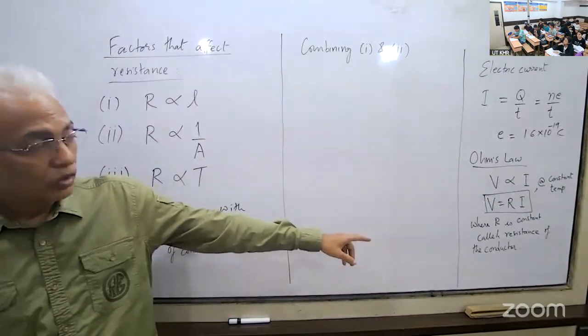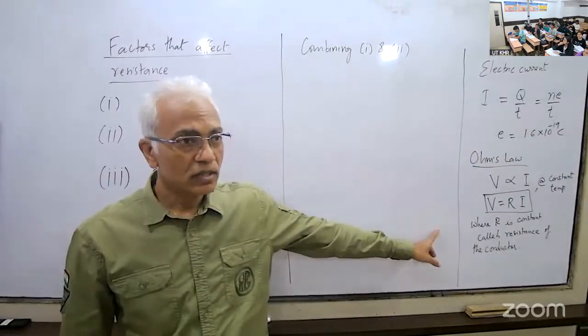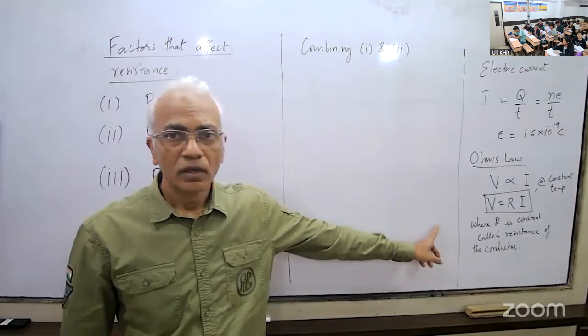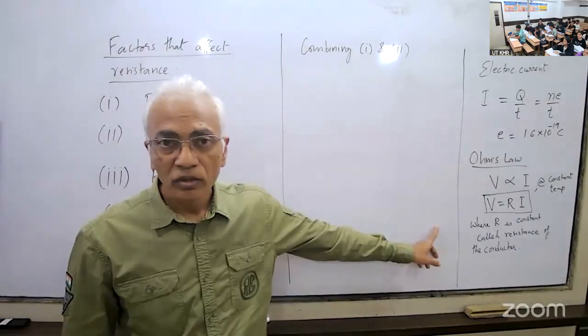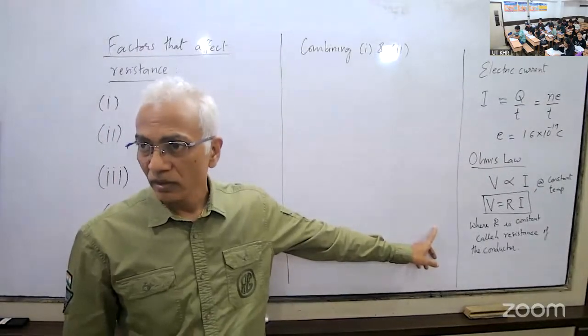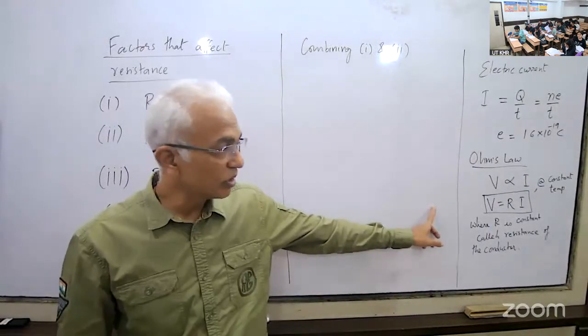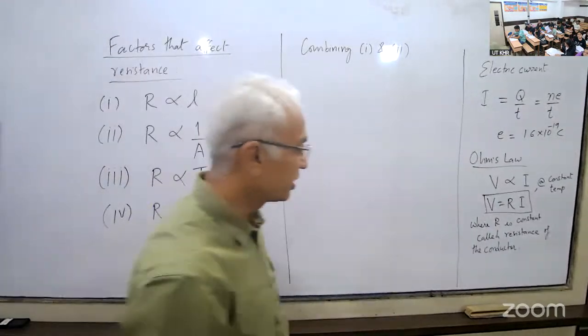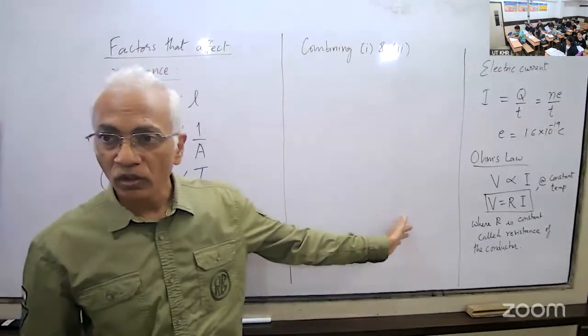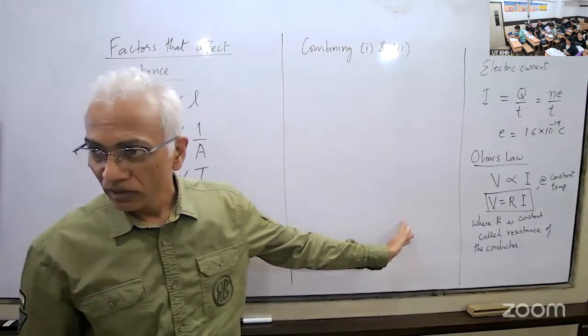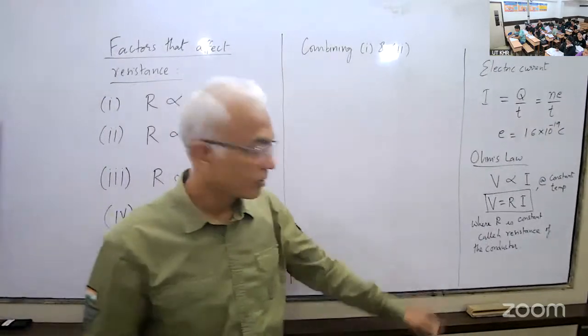Then all the devices that obey Ohm's law are called ohmic devices. Okay, all the devices that obey Ohm's law are called ohmic devices. Likewise, those which do not obey Ohm's law are called non-ohmic devices. Okay, as simple as that.